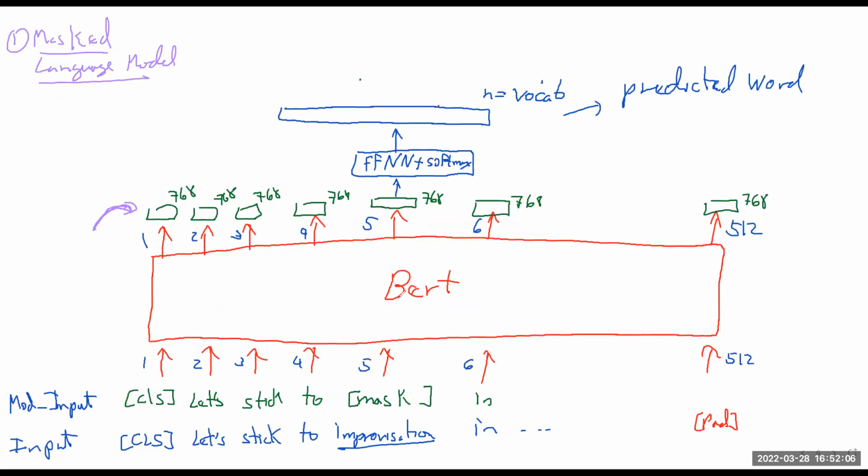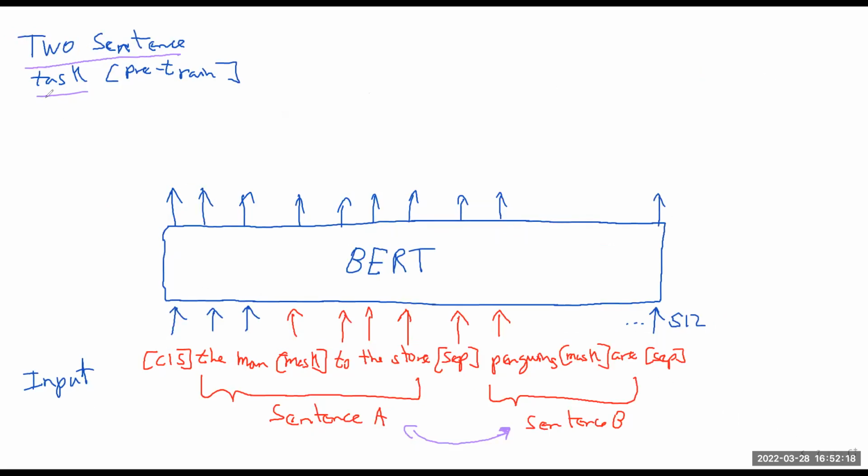In the previous one, for the given mask, we know that it's improvisation. We want to predict improvisation, right? That was task 1, the masked language model for pre-training BERT. Now we're dealing with the 2-sentence task. So these are again 1, 2, 3, 1, 2, 3, and so on, right?